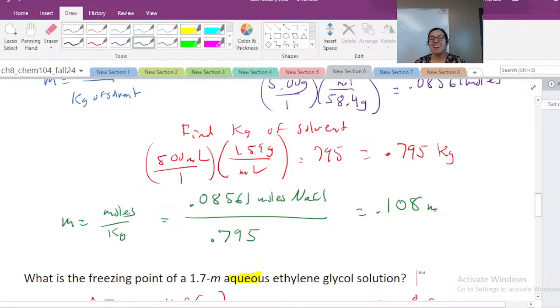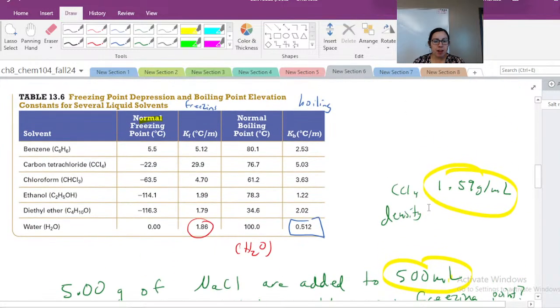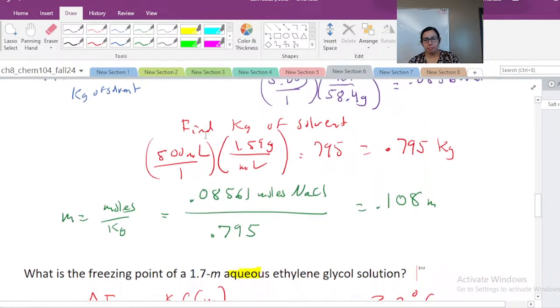So once we have our molality, now we can go back to this chart here, right? So now we have to look, okay, for carbon tetrachloride, the freezing point is given as negative 22.9. The KF for freezing, again, because we're talking about freezing point, is 29.9.